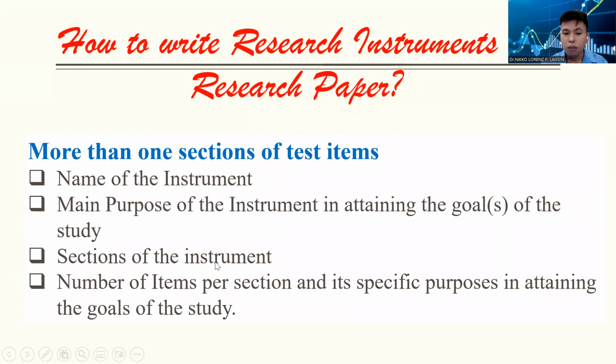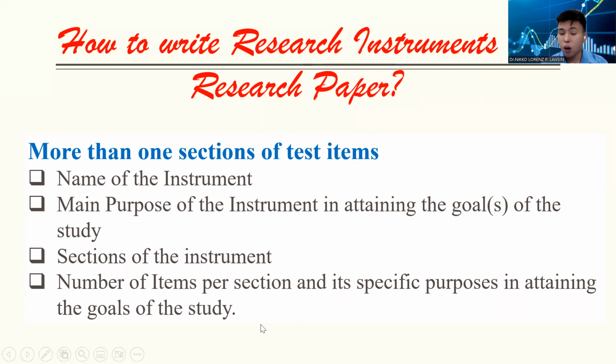Section one, the first one is demographic profile. A demographic profile has 10 questions which aims to describe the age, socioeconomic status, sex, income of the respondent, something like that.